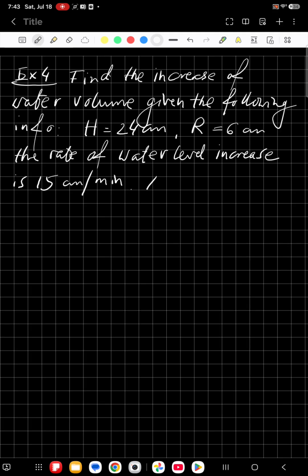And we need to find that volume increase at 9 centimeters. So water level is 9 centimeters.